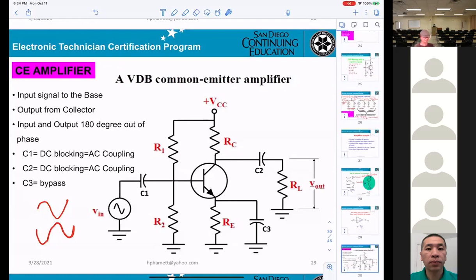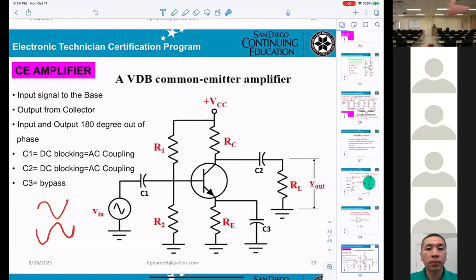So when you're looking at this circuitry, you must know that it is a common emitter amplifier. That is the first. Second, input will be applied to the base.